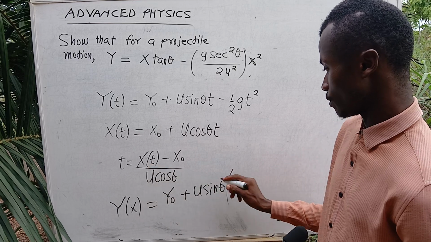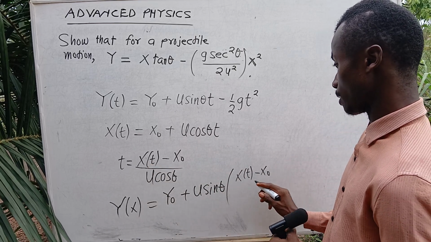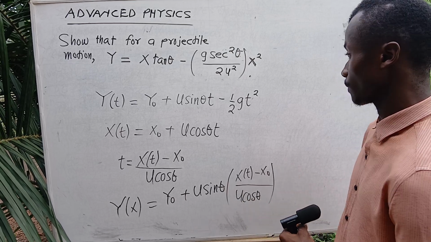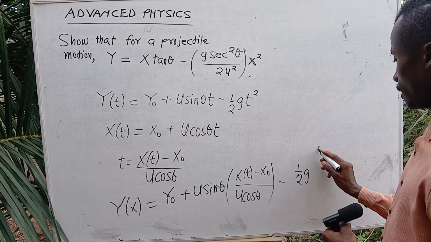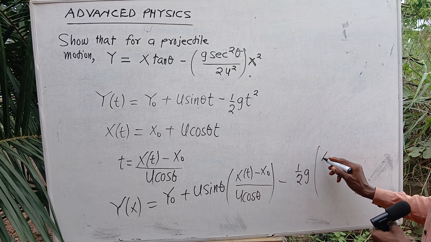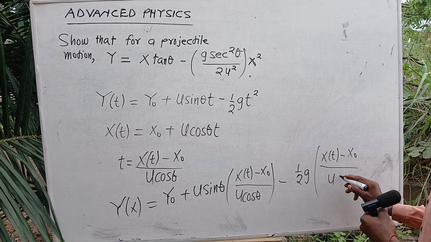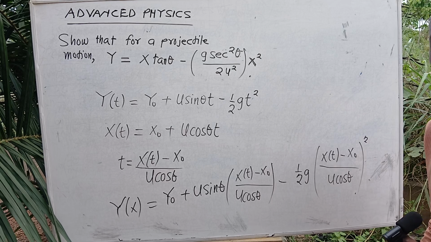And now we know the time to be x of t minus x naught divided by u cos theta. Then we have minus half g into bracket t, that is x of t minus x naught divided by u cos theta all squared. Well, it is a t squared dependent.